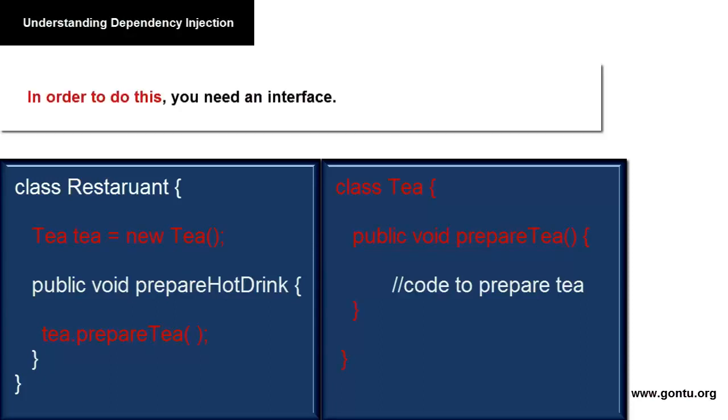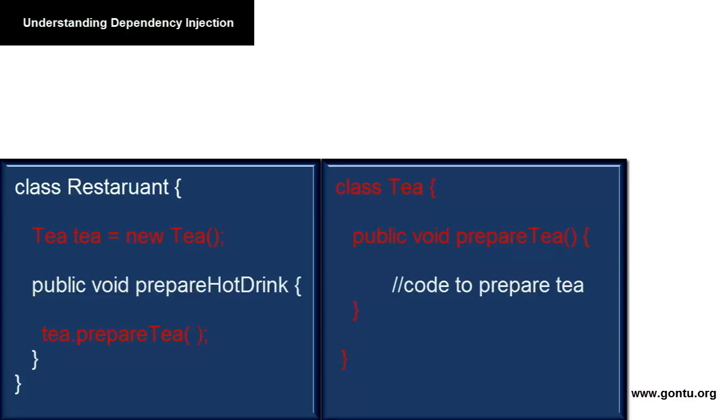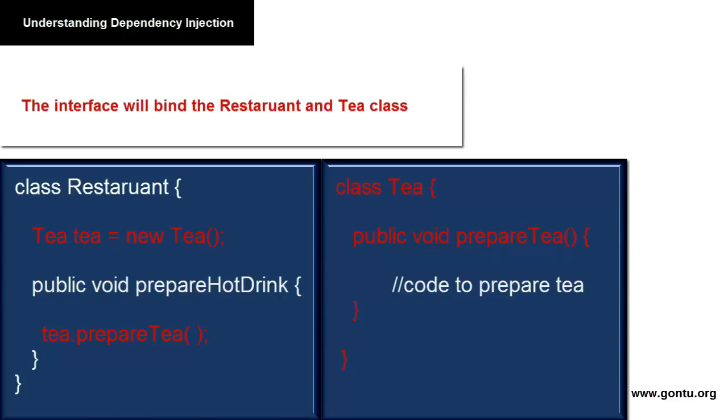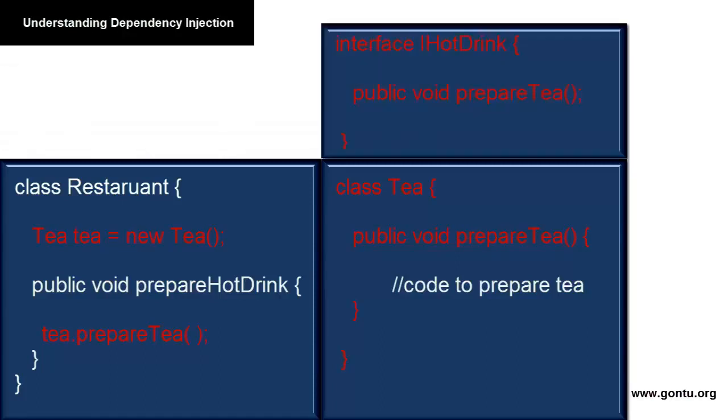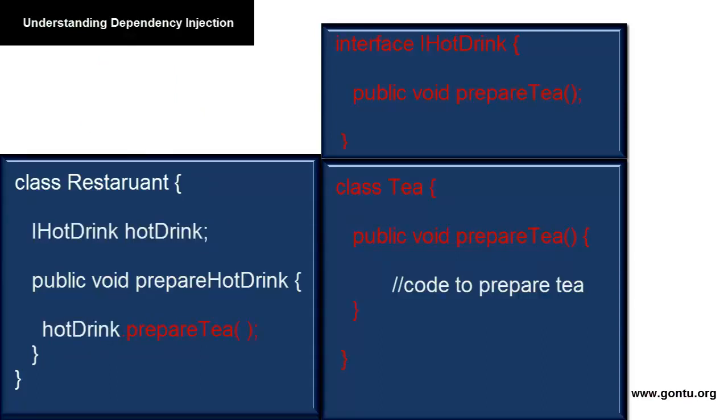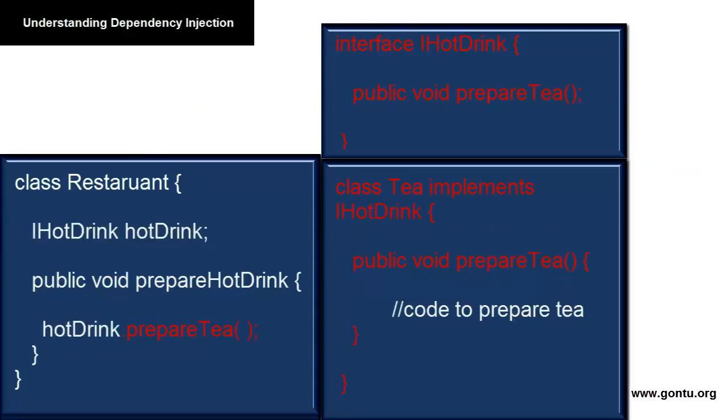In order to use such a third-party program, you will need to change the class's design also by introducing an interface in your project. You will use an interface which will bind the restaurant and tea class. Let's write an interface HotDrink. The restaurant class will use this interface instead of the tea object, and the tea class will implement this interface.